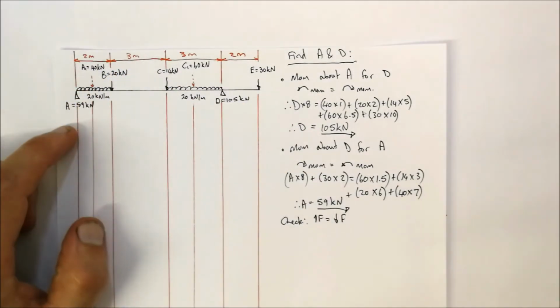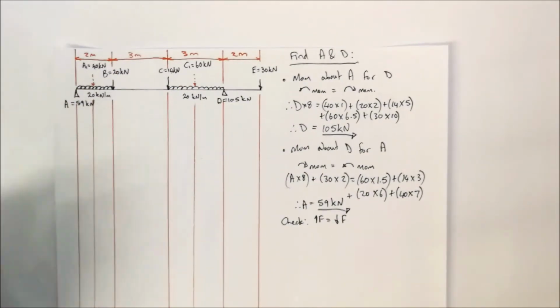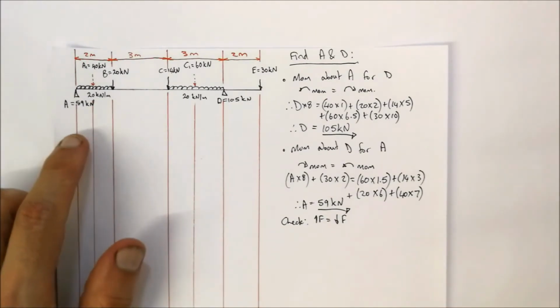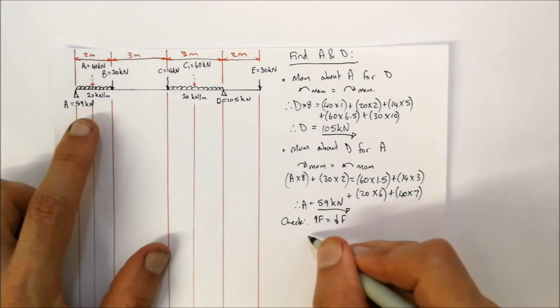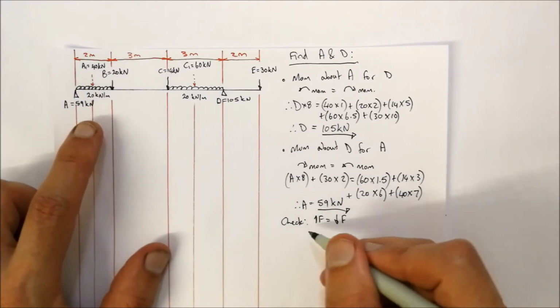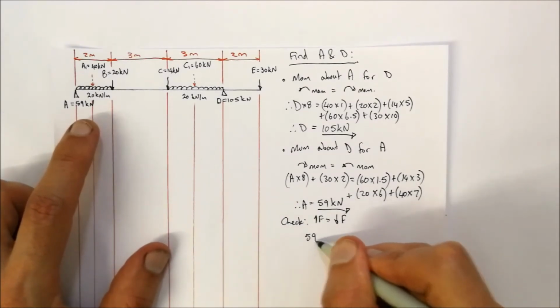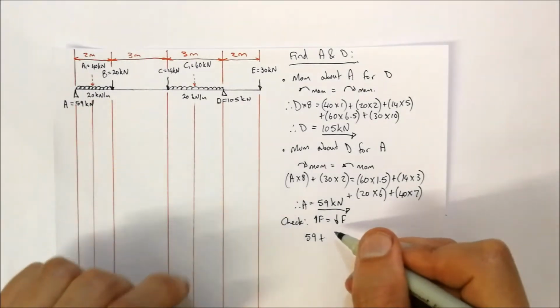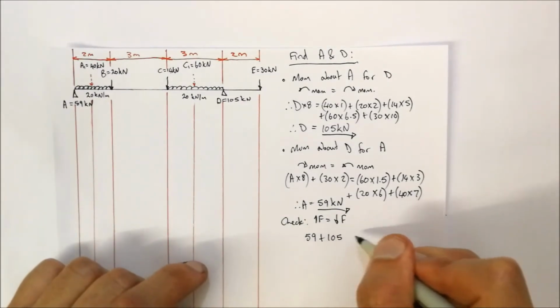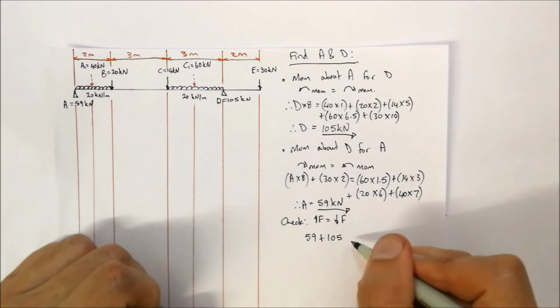It's always a good thing to put these values into your drawing so that you can see everything in front of you and you don't have to look for it. Upward forces: we've got 59 plus 105 kilonewtons. No other upward forces.